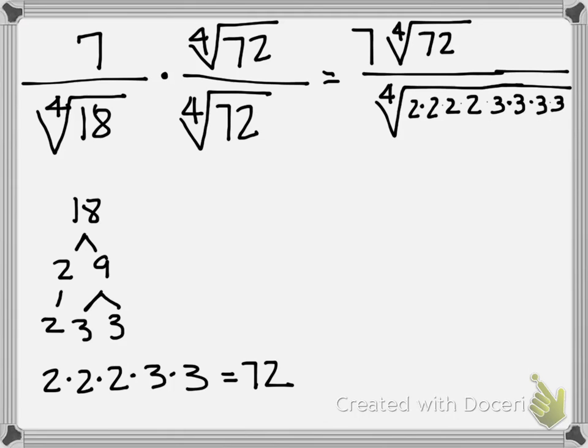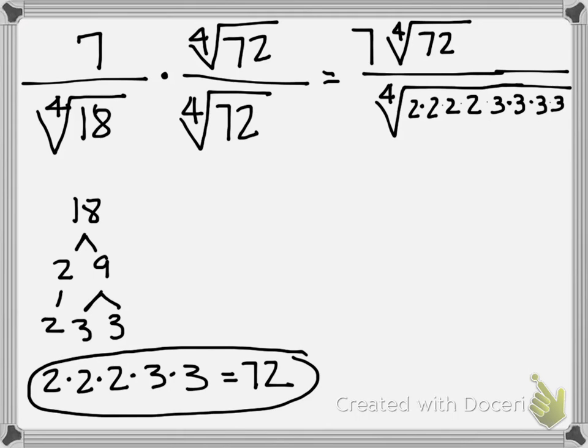So there isn't any group of 4 there. On the bottom, we combined it with the factors of 18. Remember, 18 had 1 2, and we put 3 2s, so that gives us 4. And 18 had 2 3s, and we put another 2 3s, that gives us another group of 4.